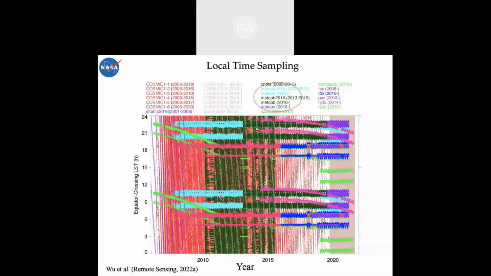You can see METOP-A, B, and C are Sun-synchronous, and Fengyun-3C is kind of drifting away, and other satellites are Sun-synchronous. But COSMIC-1, COSMIC-2, and Spire give you full local time coverage. This is very valuable and very important for studying fast processes, both in the atmosphere and the ionosphere.